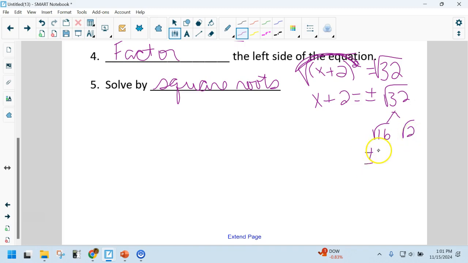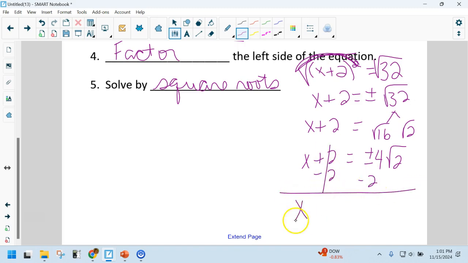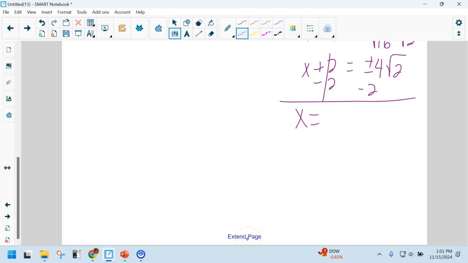So we get plus or minus 4 root 2. And then x isn't by itself yet. We take away 2 from both sides. And again, we cannot take away that 2 from a radical, so it's better to write it up front, negative 2 plus or minus 4 root 2.